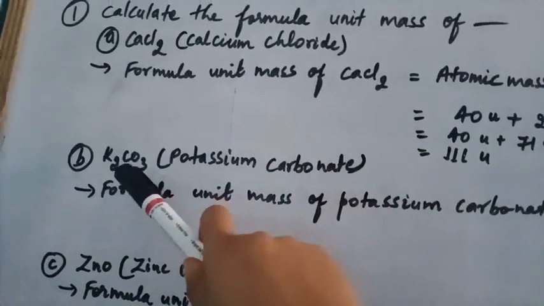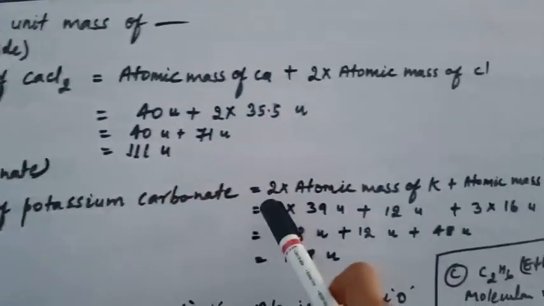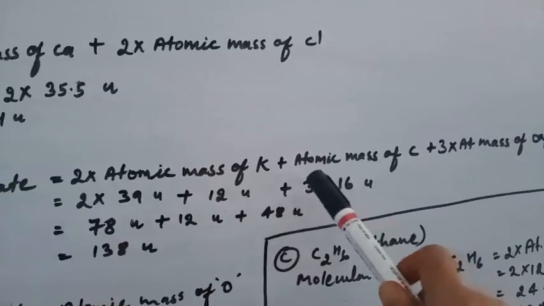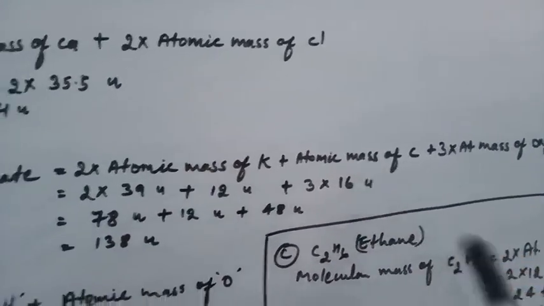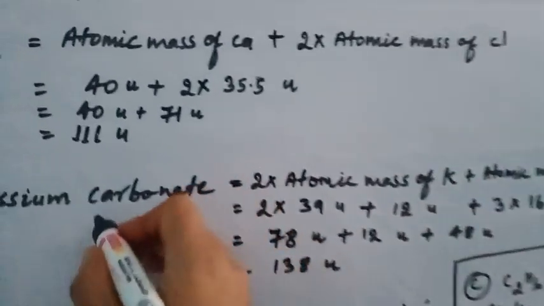Now the formula unit mass of potassium carbonate, that is K2CO3, is equal to 2 into atomic mass of potassium plus atomic mass of carbon plus 3 into atomic mass of oxygen.